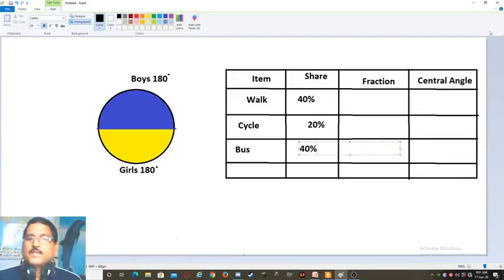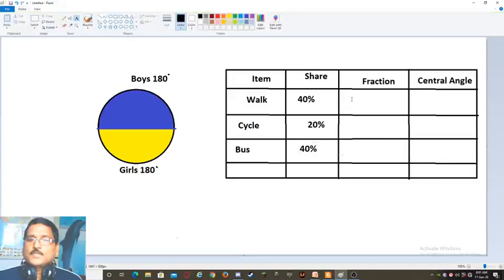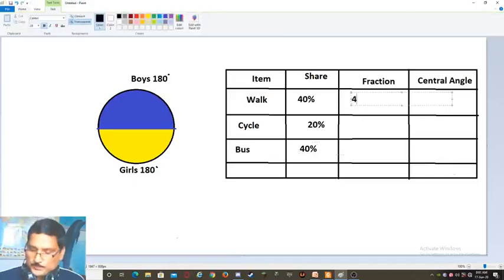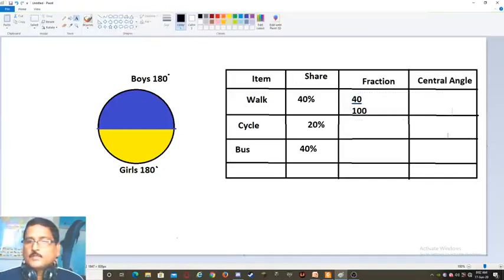Clear? Fraction. How can I write down 40%? 40% can be written as 40 upon 100. Now you can reduce.